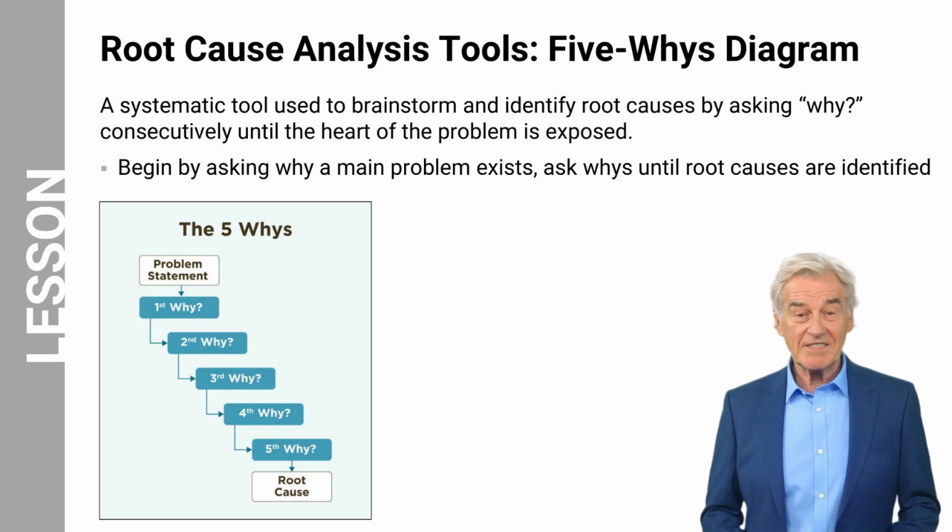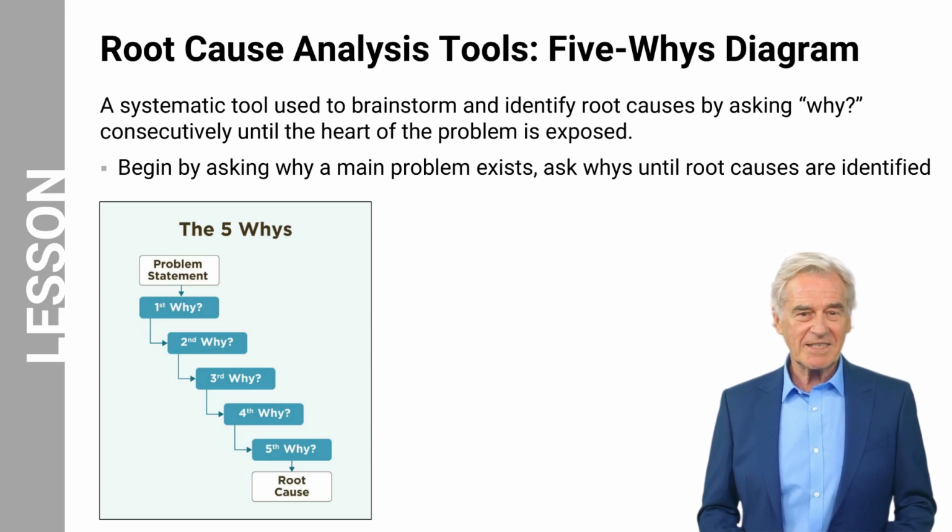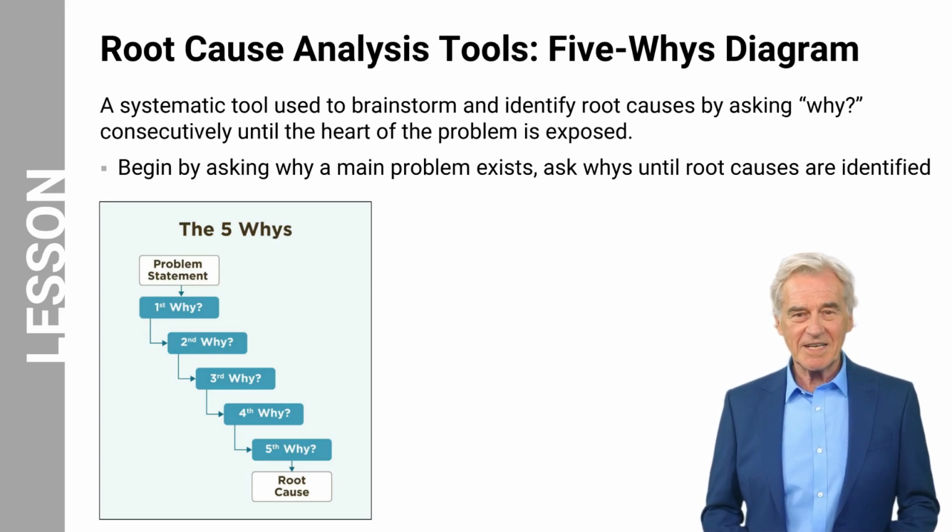Using the 5 whys to solve a problem is best when numerical data is hard to find. In the diagram here, begin by asking why a main problem exists. Then ask why that next problem exists, and so on, until the root causes are identified. Typically, 5 levels of asking why is sufficient to determine a potential root cause of the problem. This image shows a template for how to perform a 5 whys analysis.